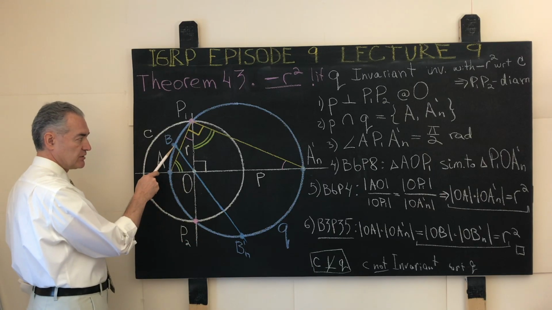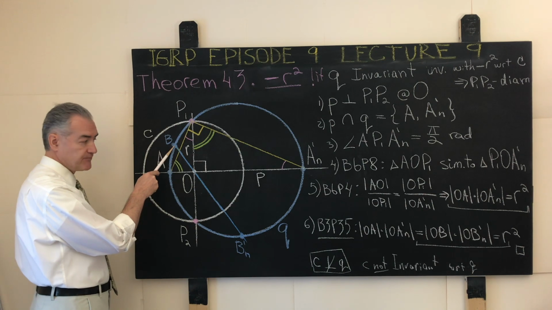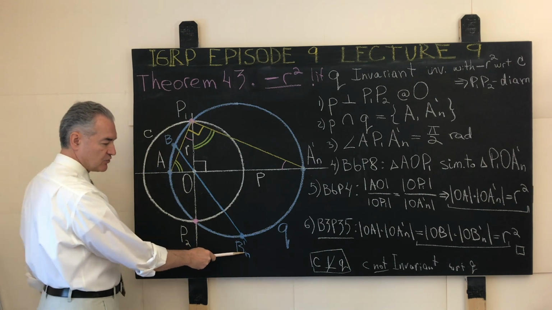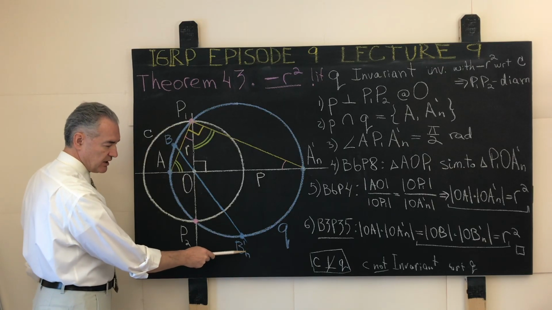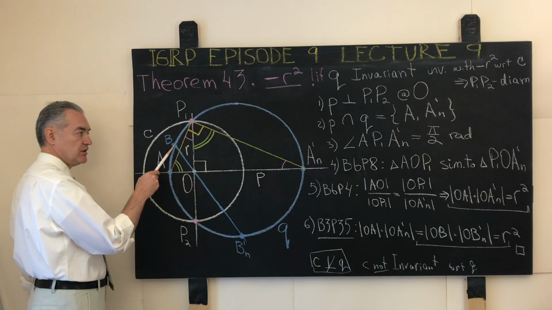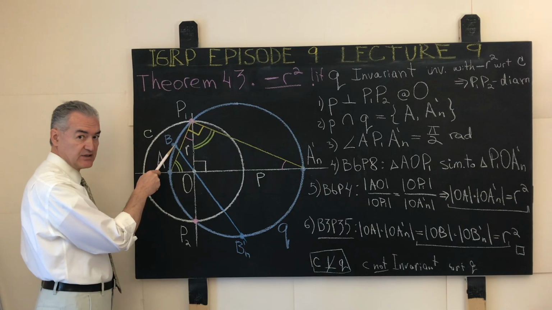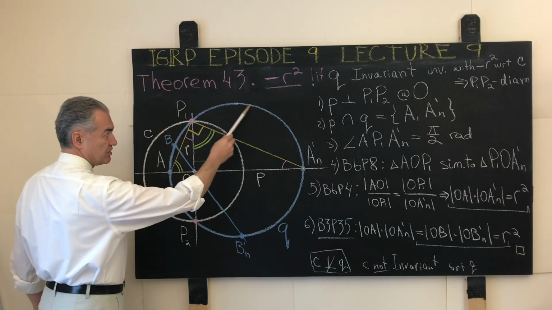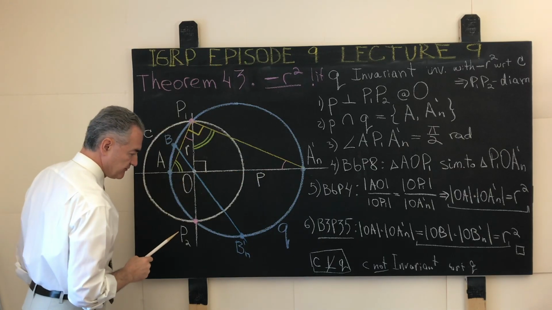For example, our sample point B must be taken into the point B prime, and conversely, the point B prime must be taken into the point B. This is the technical essence of the assumption that the circle Q is invariant.